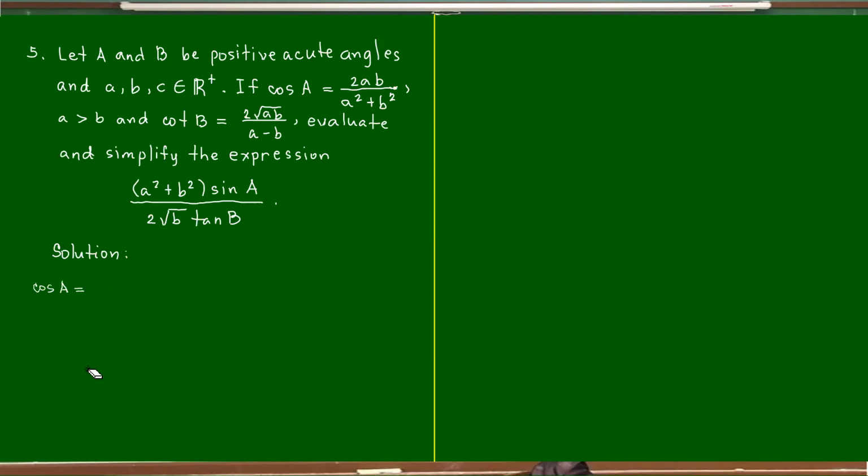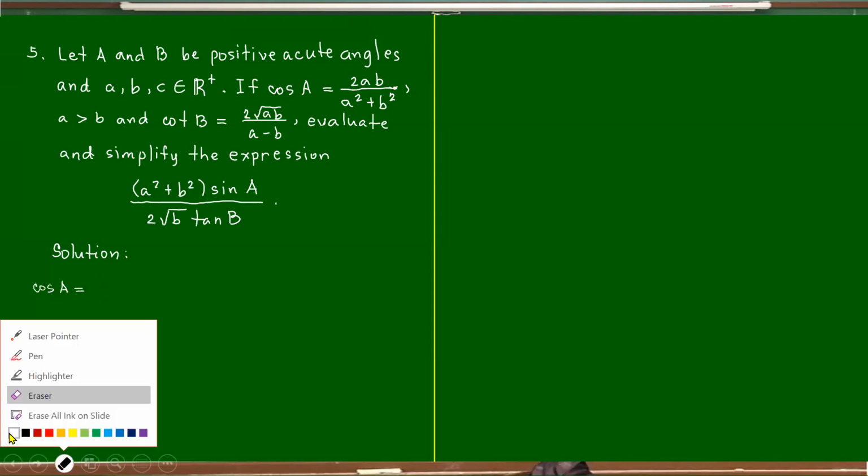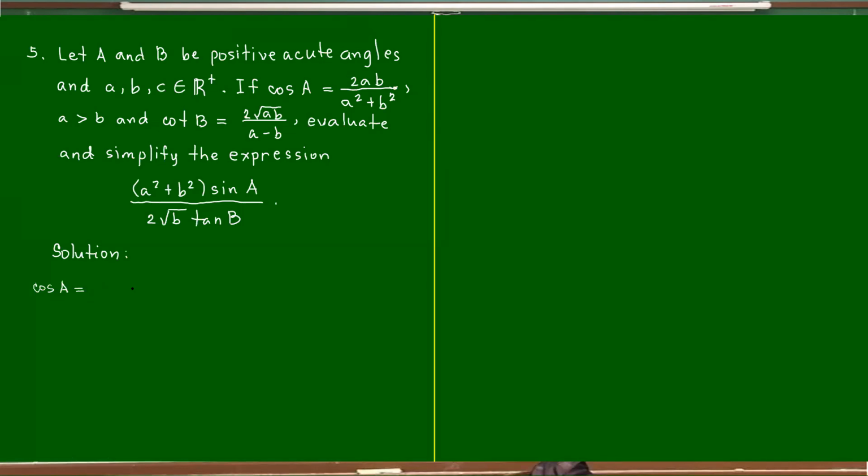Ayan, nilabas ko na yung my beautiful eraser. So what's the value of cosine A? 2AB all over A squared plus B squared. So this is the adjacent over hypotenuse. Which means we are looking for the opposite.